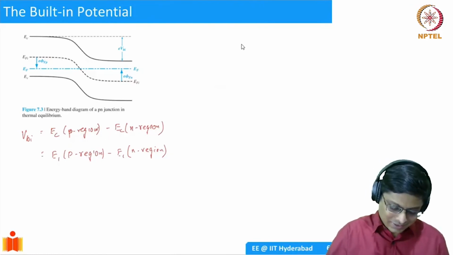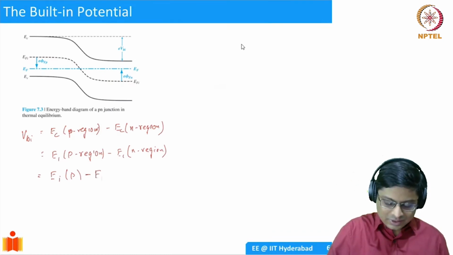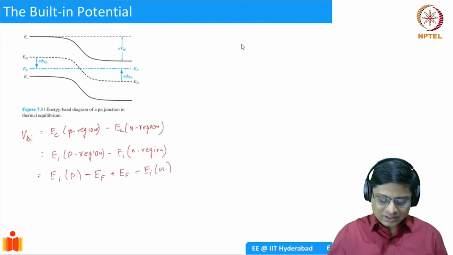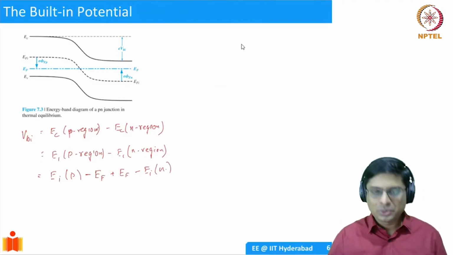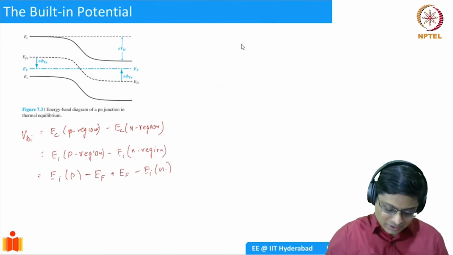It's going to be EI P minus EF plus EF minus EI N. Basically, in the N region you take the EI and subtract it from EF, and in the P region you do that, and you get something. And we have already seen these expressions.